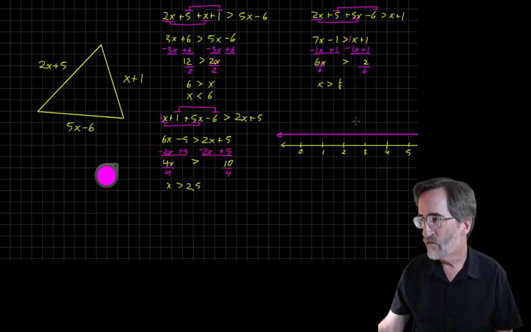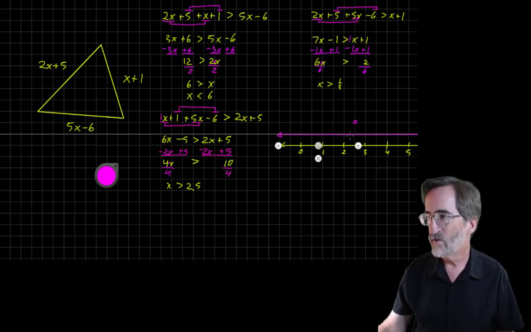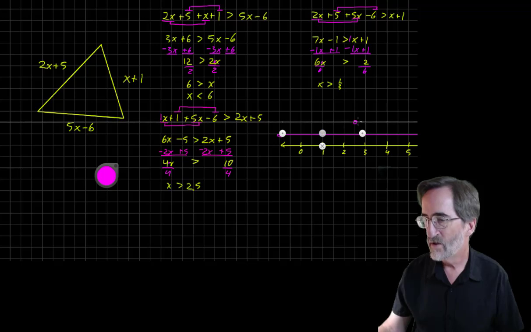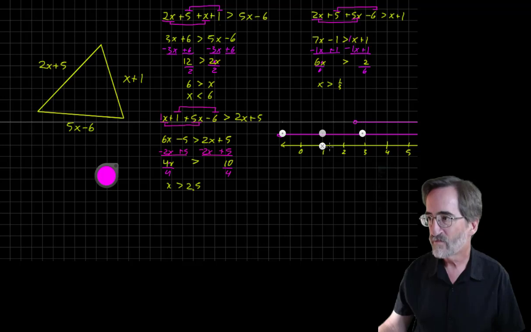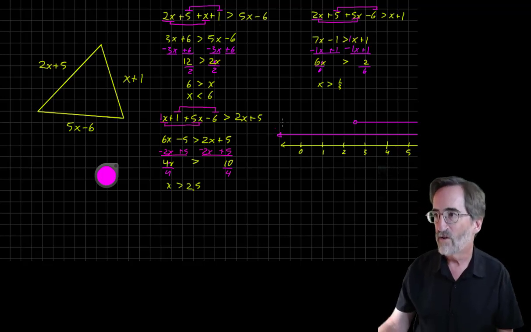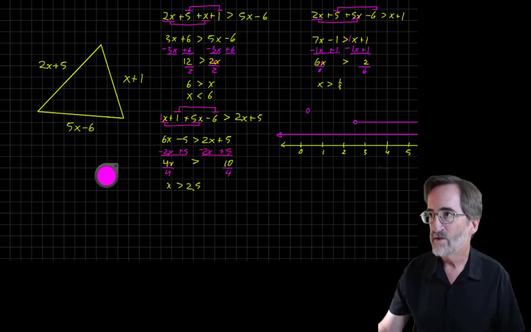So 2.5 is right here. And greater than is right. Less is left. Greater than is right. And this is x is greater than 2.5. And then we've got the last inequality, x is greater than 1/3. 1/3 is about here. And greater than is right.